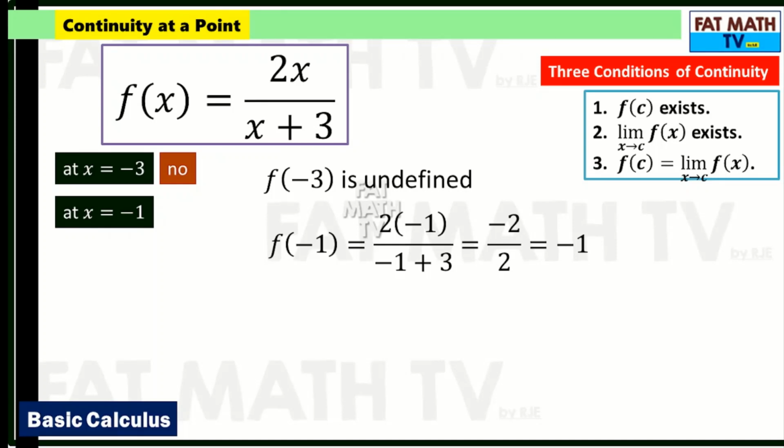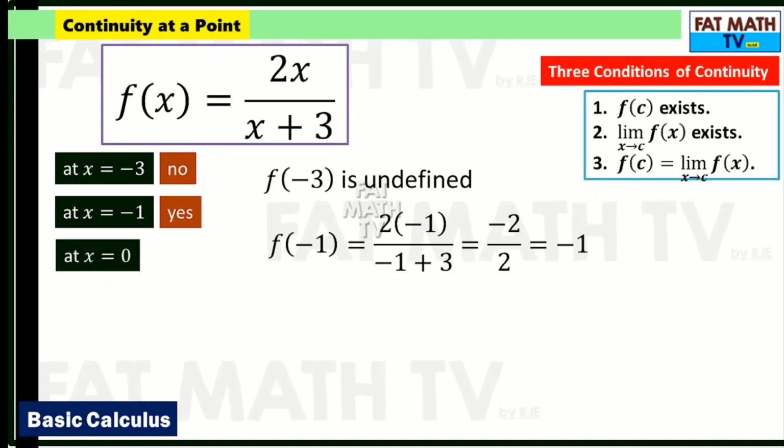And since this is a rational function, the limit of f of x as x approaches c is just equal to f of c for every x in the domain of the function. Meaning to say, for any value of x except negative 3, the function is continuous or is defined.